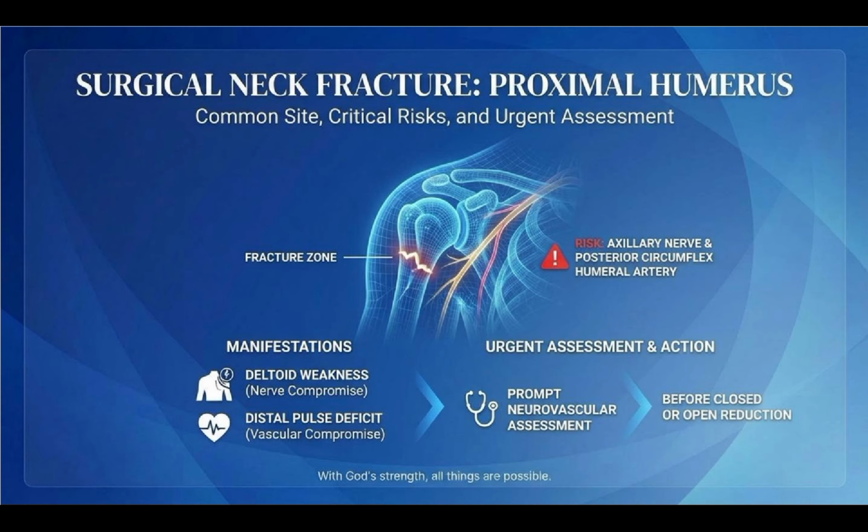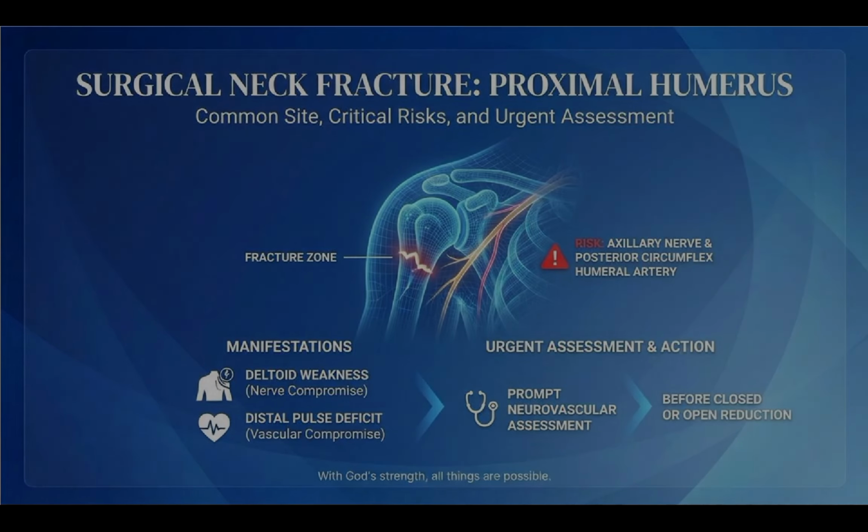The axillary nerve and the posterior circumflex humeral artery are affected by the fracture zone. Manifestations: deltoid weakness, distal pulse defects, vascular compromise. We have urgent assessment and action that can be done to prevent all these things.